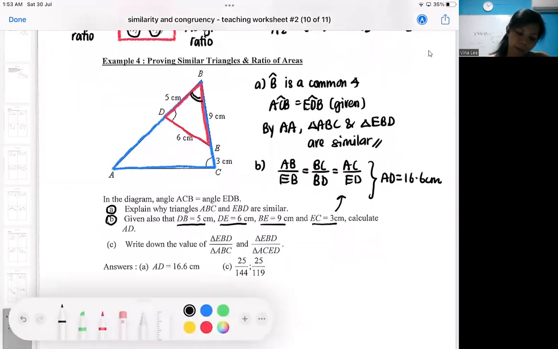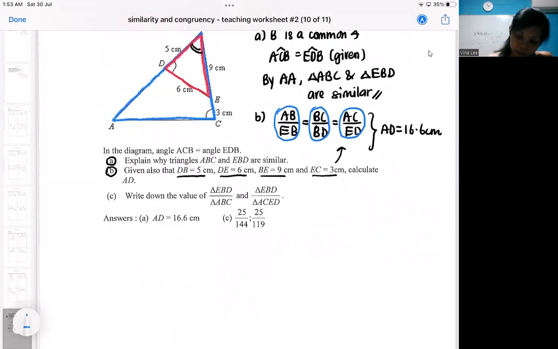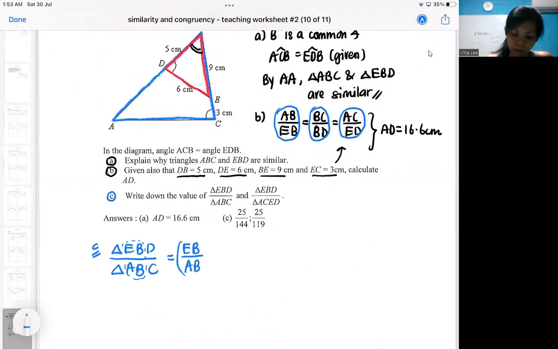So here I got 3 length ratios. Let's explore this part, triangle EBD, the smaller one on top. You can use the area ratio: you take one of the length ratios and square it.